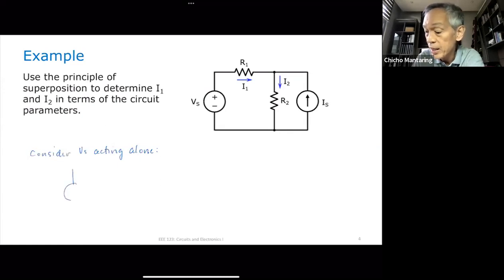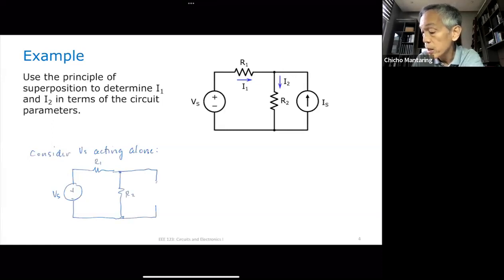I'll have V of S. Okay, I have R1. I have R2. What will happen to my current source? Anyone? What will happen to my current source? Sigaw na lang ninyo, no? What will happen to my current source?